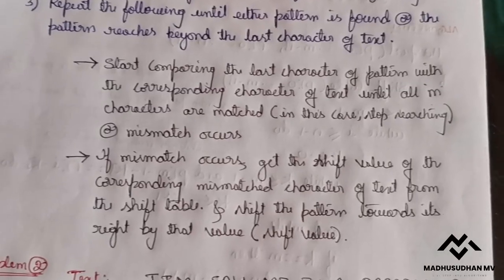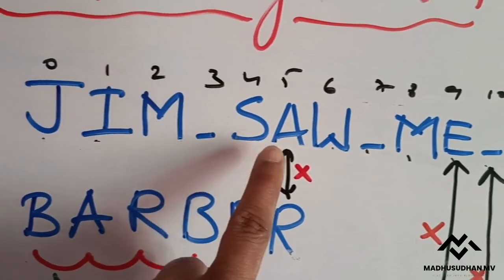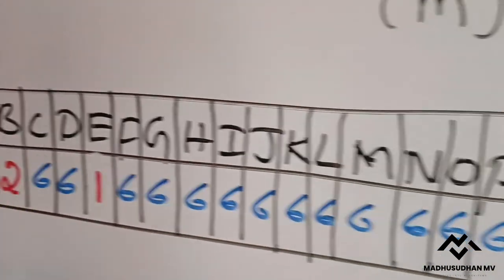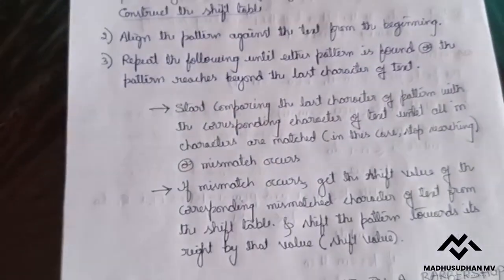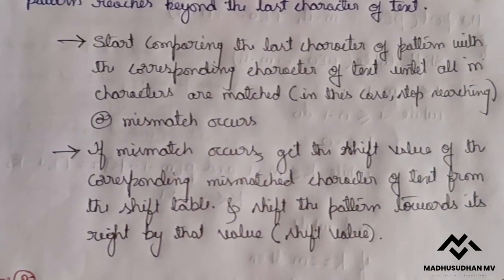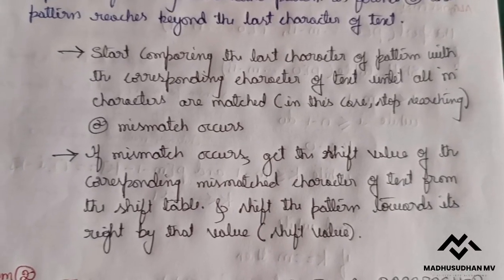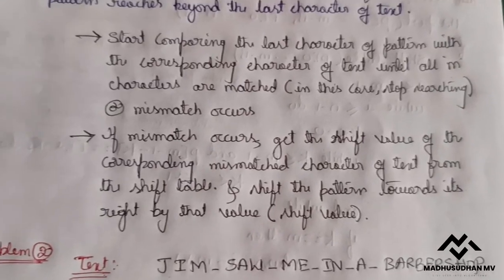If a mismatch occurs, say at the character A, we take the shift value of A from the shift table, which is 4, and shift the pattern by that value. This is what we did.